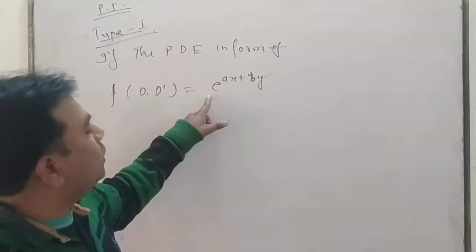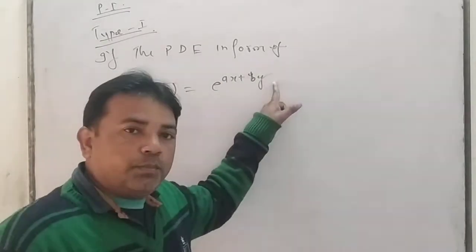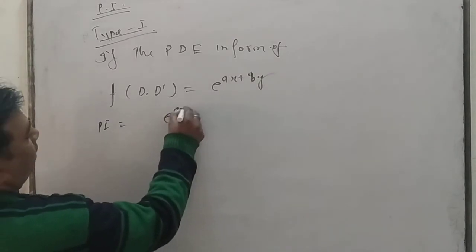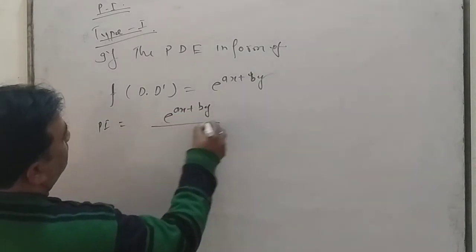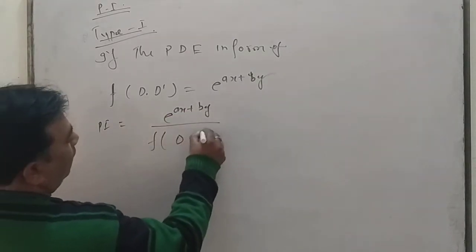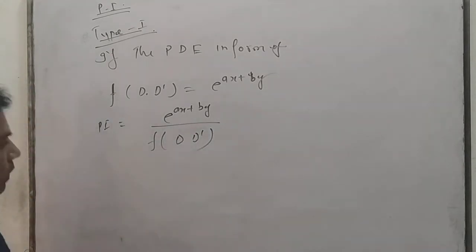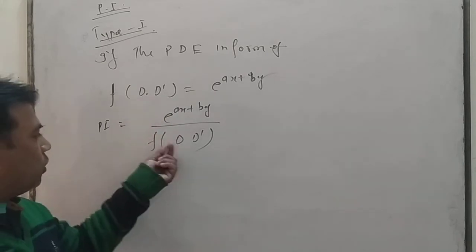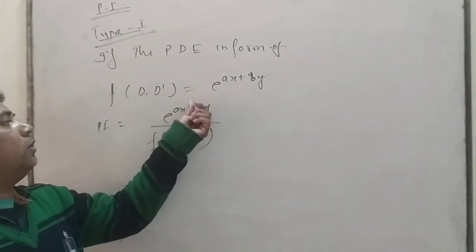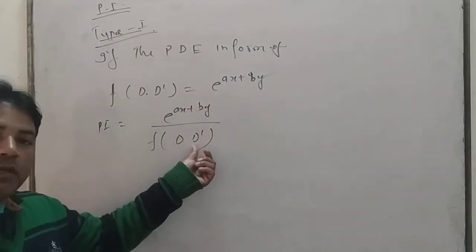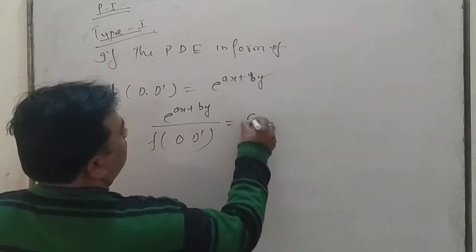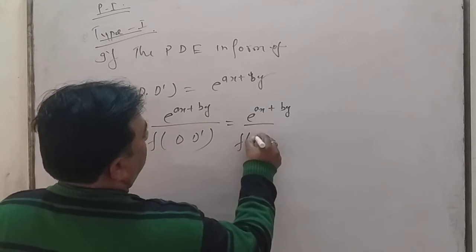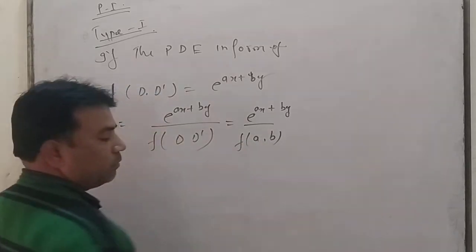Then PI equals e to the power ax plus by divided by f(D, D dash). Write the x coefficient a in place of D and the y coefficient b in place of D dash. So PI equals e to the power ax plus by over f(a, b).